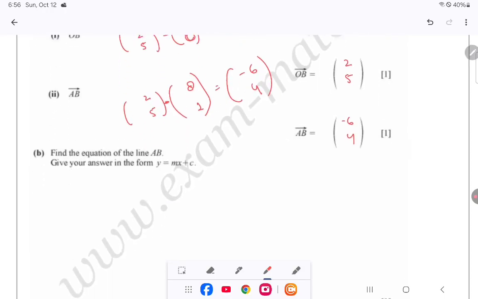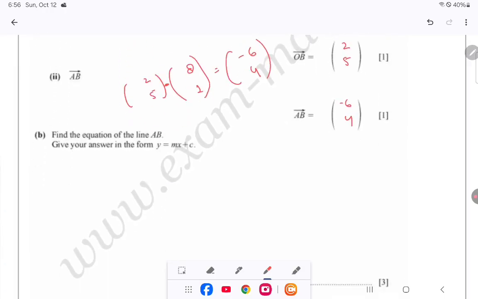This is for AB. Now in part B, find the equation of line AB. Give your answer in the form y is equal to mx plus c.